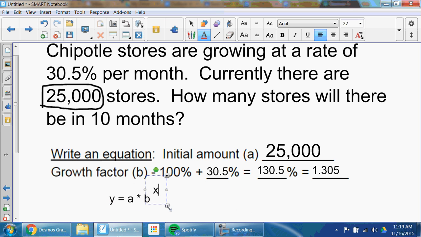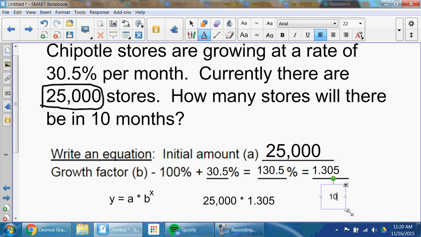If I can just plug in the numbers into the right spots, I should be able to get my answers. So my A value is 25,000. I'm going to multiply that by 1.305. And the power I'm going to raise it to is what is happening over time. So this is per month. It says how many stores will there be in 10 months.